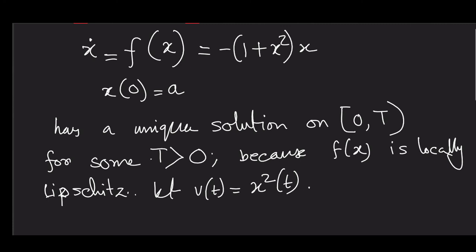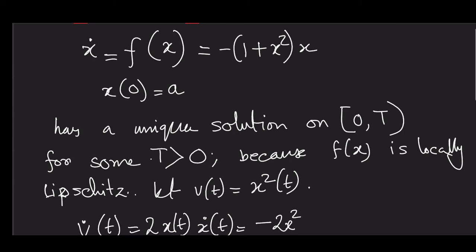Now obviously v of t is differentiable, and if you obtain the differentiation v dot t, you will get something like 2 x t x dot t, that further yields minus 2 x square t minus 2 x to the power 4 t.